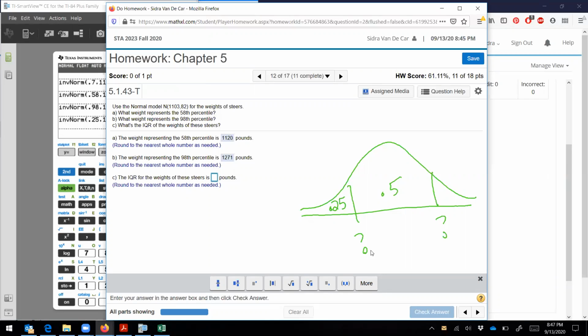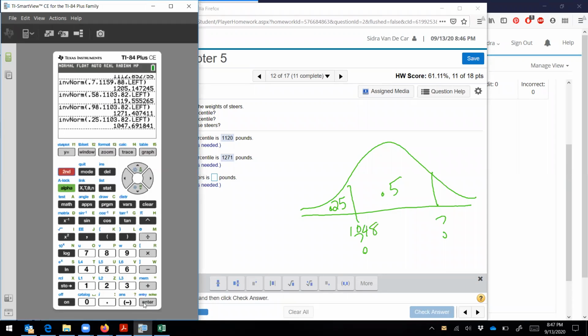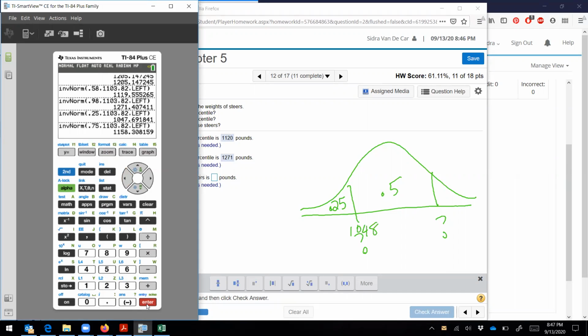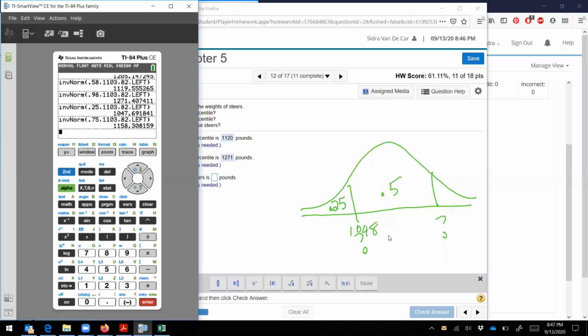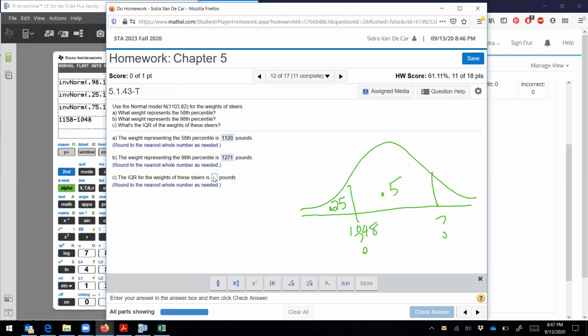Oh, I'm sorry, 1048 is this value here. I need to write that down. And then the one over here, we're going to do the same thing, but 75. 1158. So I want to go 1158 minus 1048, and that's my interquartile range, 110 pounds.